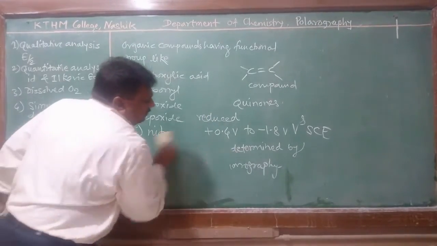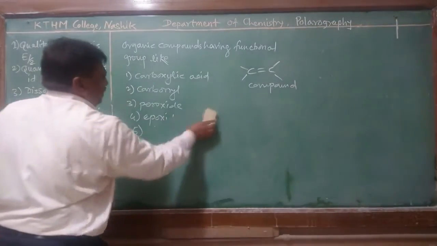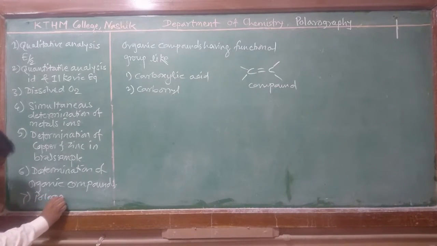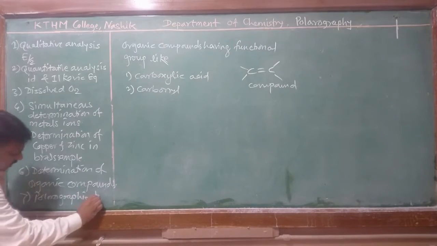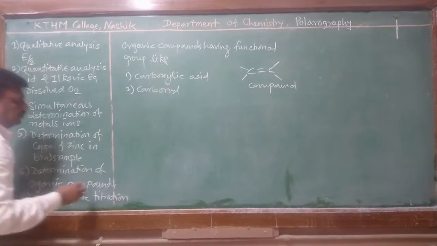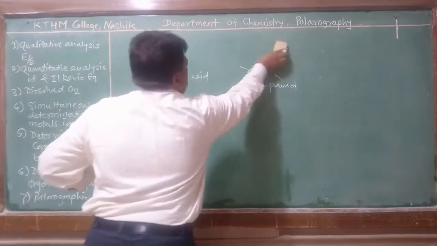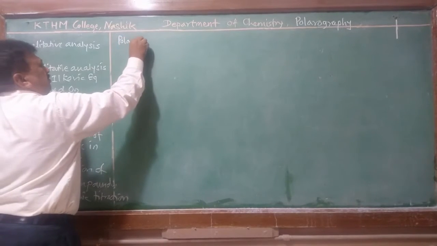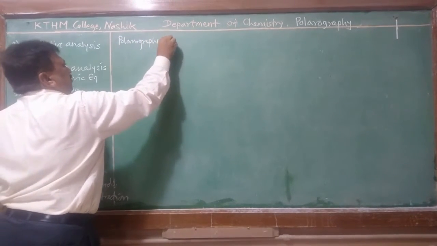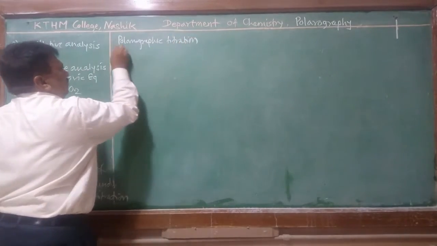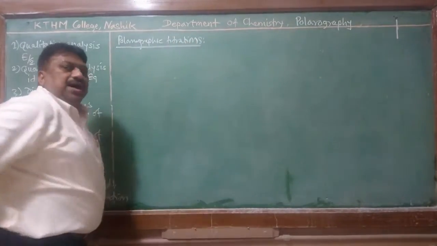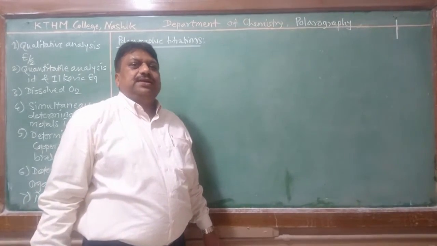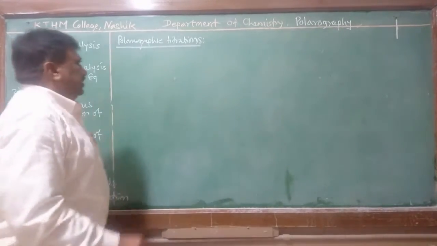Students, now we discuss the last application of polarography, called polarographic titration. Polarographic titrations are those titrations in which the equivalence point is determined by measuring the limiting current or diffusion current of the analyte.